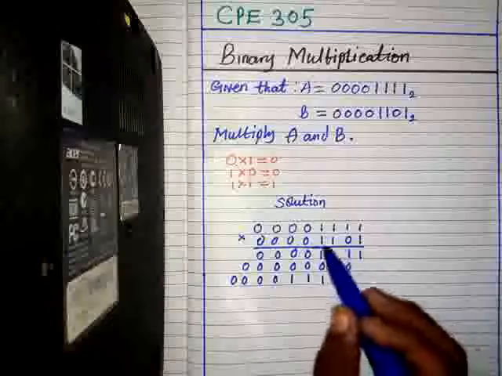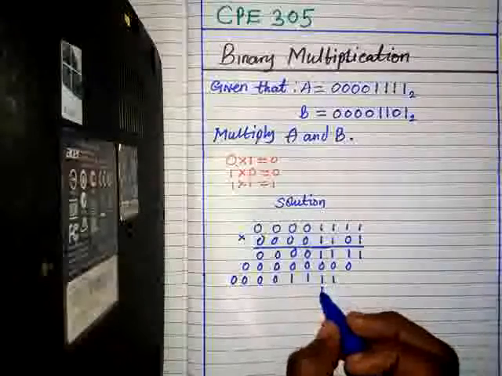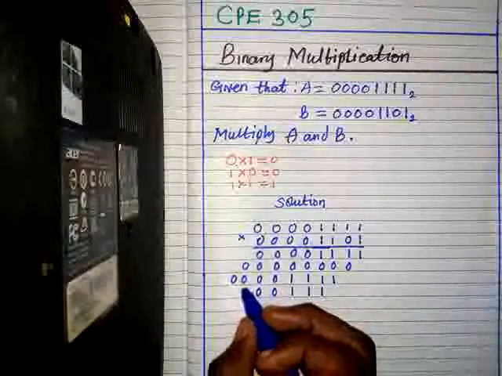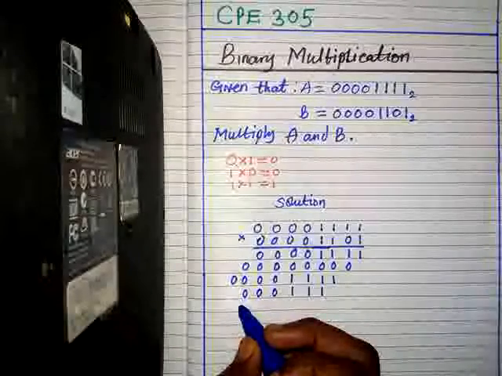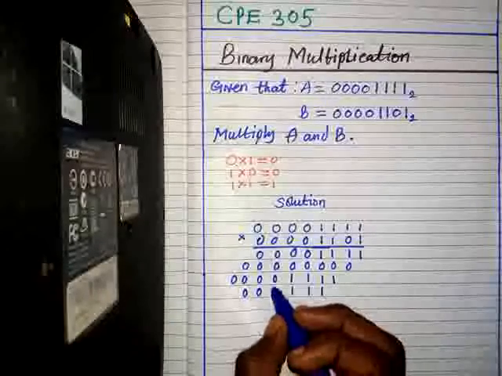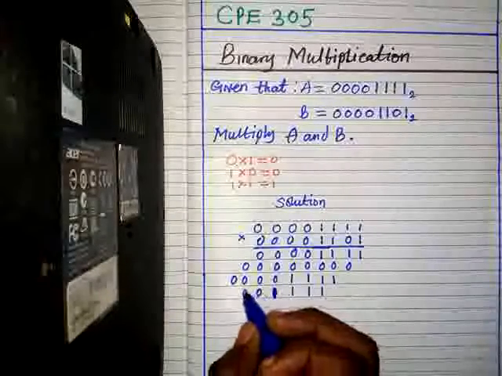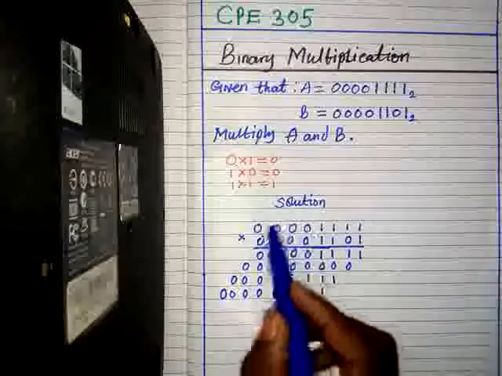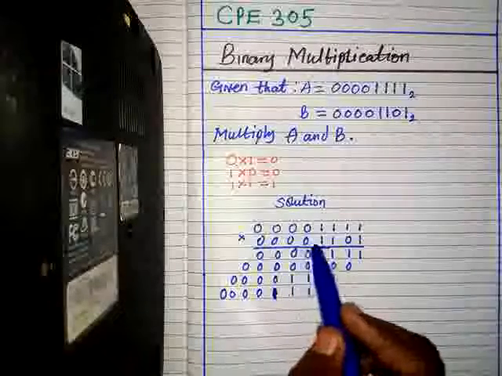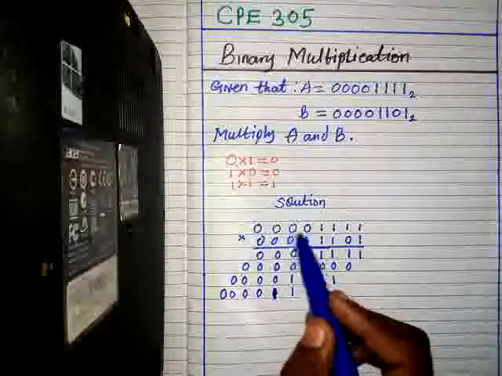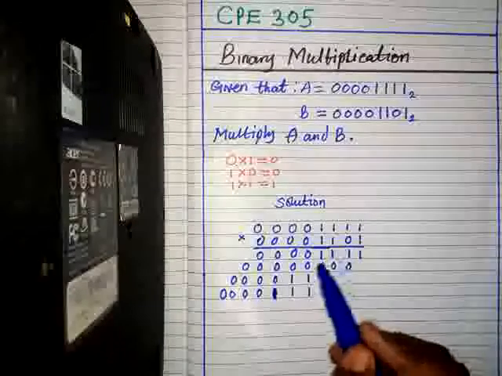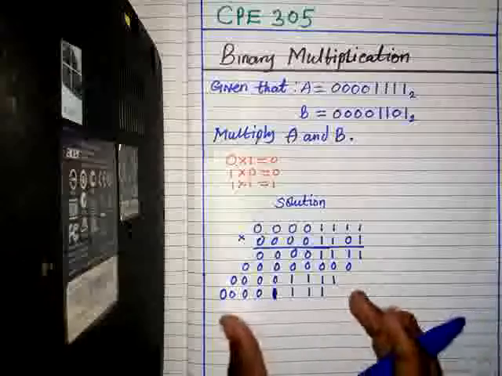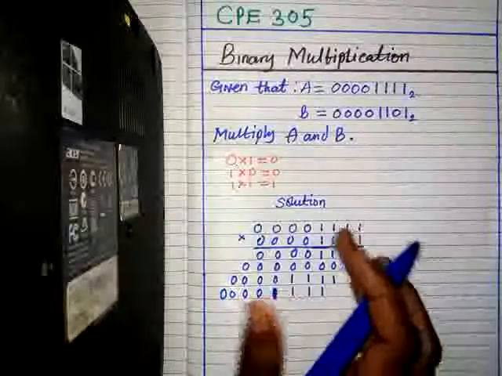The next one also is 1 here, so we'll obtain 1 1 1 1 0 0 0 0. Oh, mistake. This one should be 1. What we're having here are all 0, so we're just going to neglect them, because if 0 comes before a number, it doesn't change the magnitude of that number. These are the values we obtained by multiplying these two numbers.